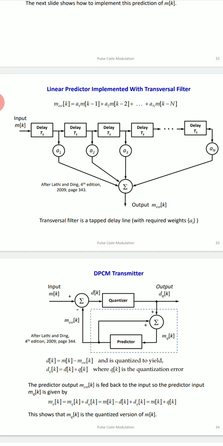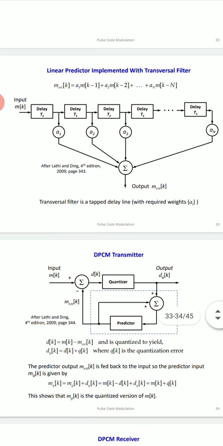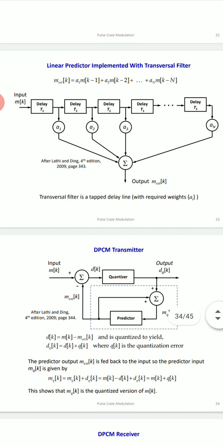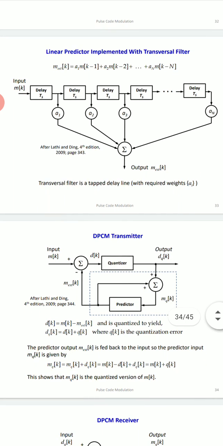You can see the predictor circuit here. The predictor in the DPCM transmitter and receiver is the linear weighted sum of samples, and we can implement it using a shift register as shown in this diagram. We use a transversal filter, that is a tapped delay line.